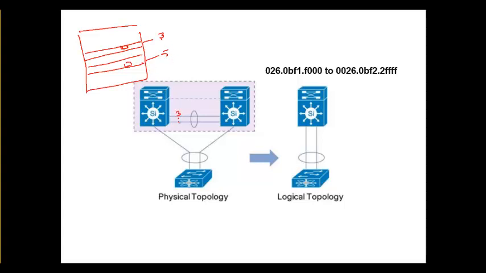Here also slot number 3, slot number 5. Why do we do that? If this line card goes down, only this link will go down. The other one is still alive. That's the idea. I have worked with these devices physically. I know how this works.